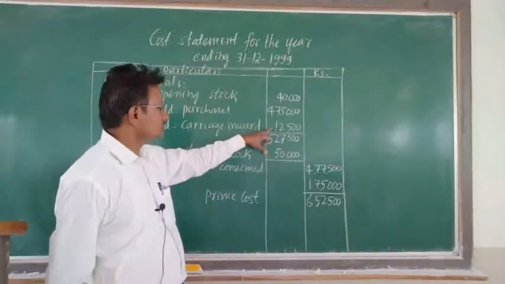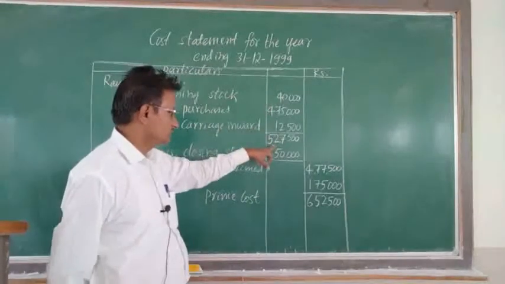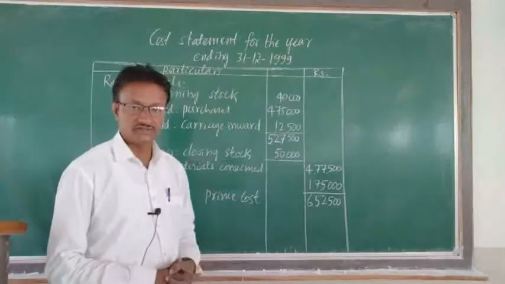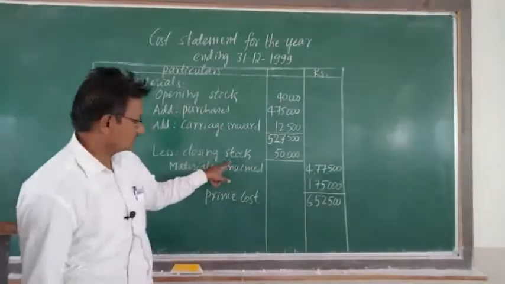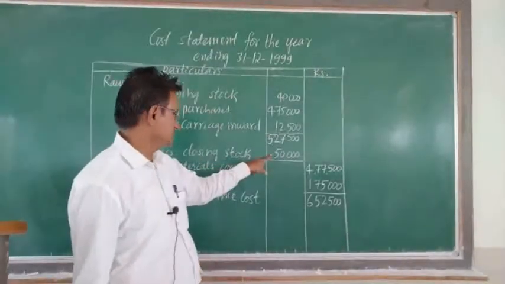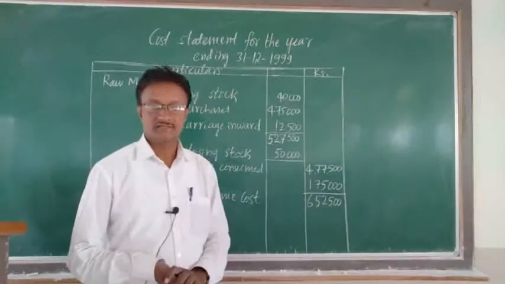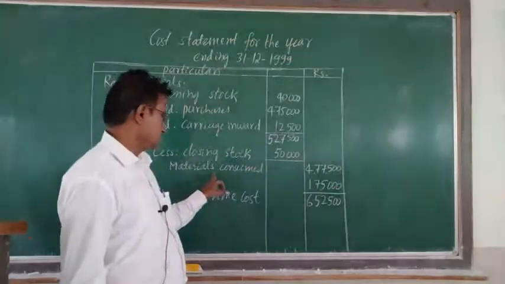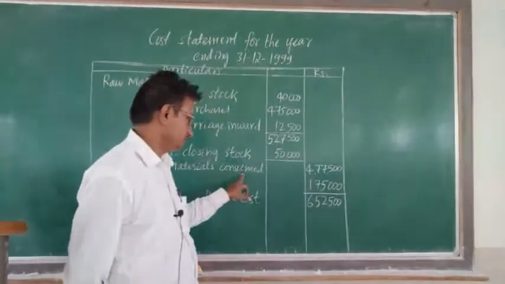So we have to add carriage inward, and the total is 5,27,500, and less closing stock of raw materials 50,000, and the remaining figure is 4,77,500. It is the raw material cost or materials consumed.